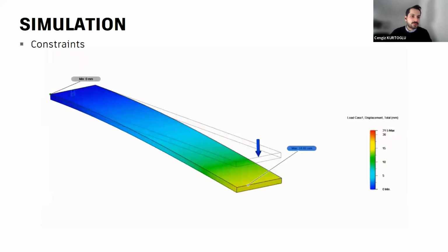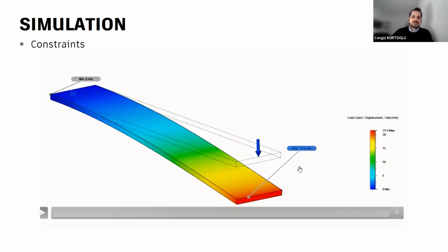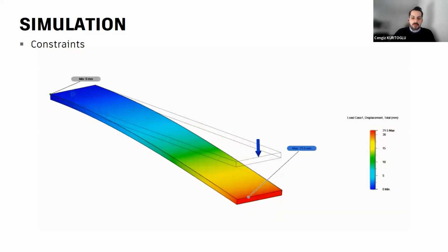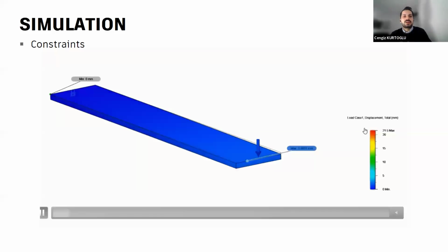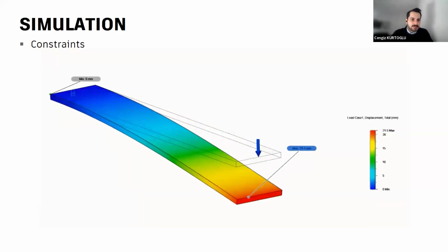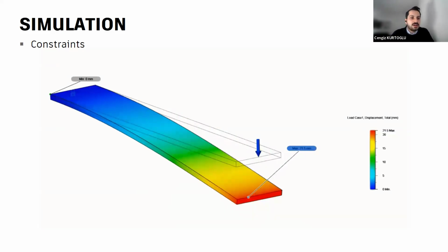Well, I'd like to start with the constraints on the simulation. If you select the C key in the simulation workspace, you can directly assign a constraint to fixed parts.